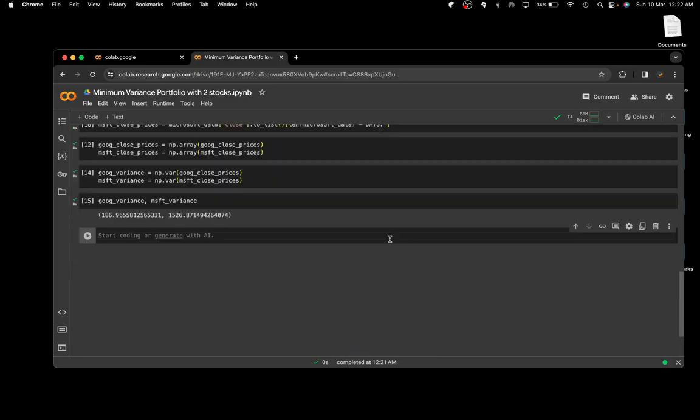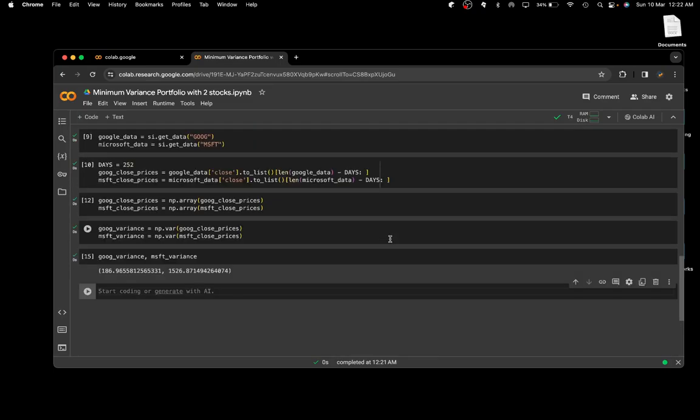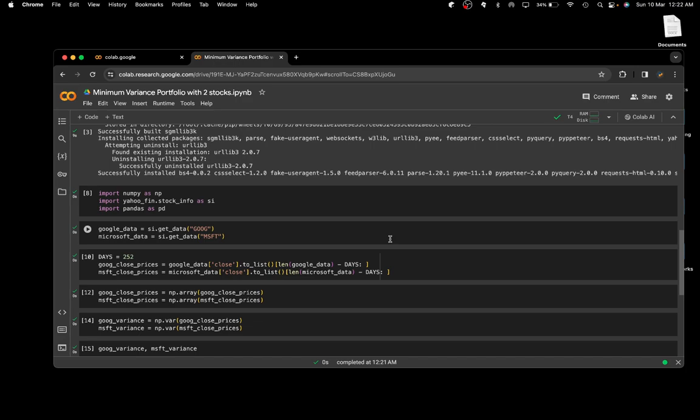So we have the Google variance and we have the Microsoft variance. Now immediately from the graph that I showed you, you could spot a problem with the method that we're trying to use. You could see that the Microsoft share price has actually risen quite a bit. Now, while you could technically classify that as risk, that is not downside risk, that's upside risk.